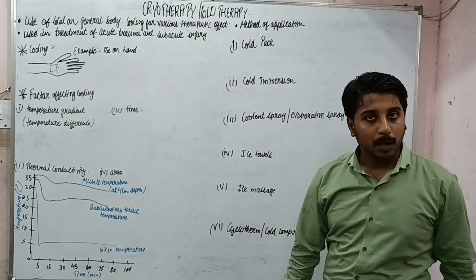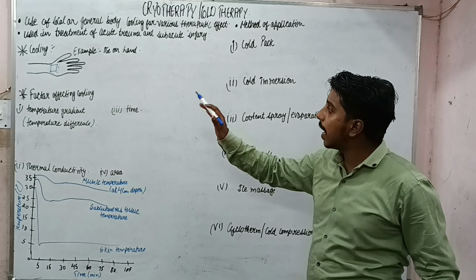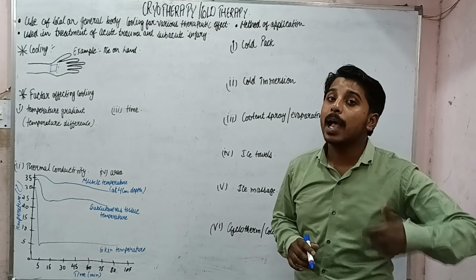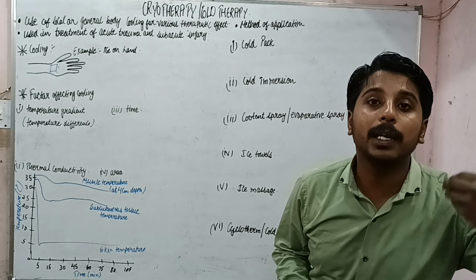In general, cooling is defined as the transfer of energy or heat from a body at high temperature to a body at lower temperature. For example, when we place an ice cube on the hand, the ice slowly starts to melt, converting into the liquid stage.